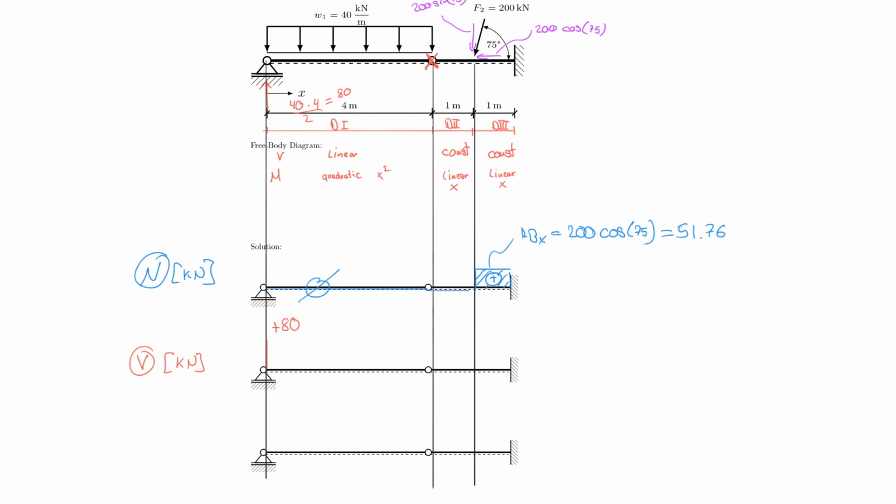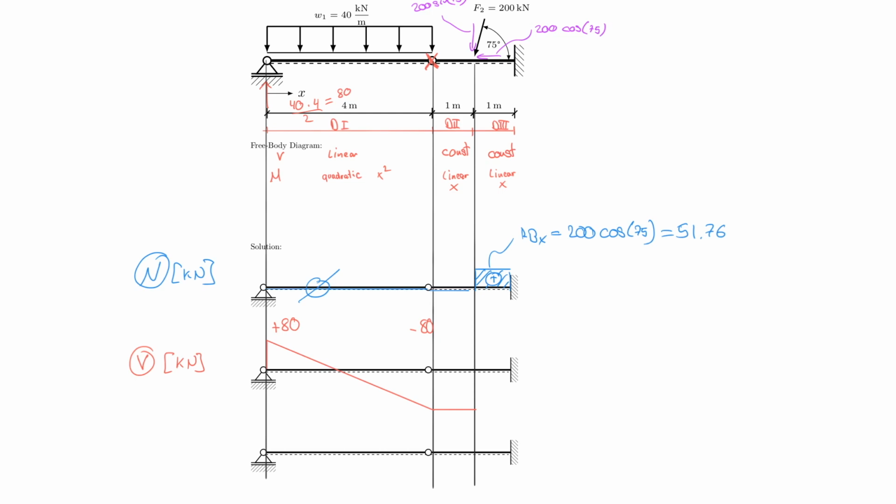So it goes linear down, and since it's an evenly distributed force that slopes down with 40 kilonewton per meter over 4 meter, it has to go down here to negative 80, if you will, right? And now it has to stay constant because there's nothing that happens between those 2 points.